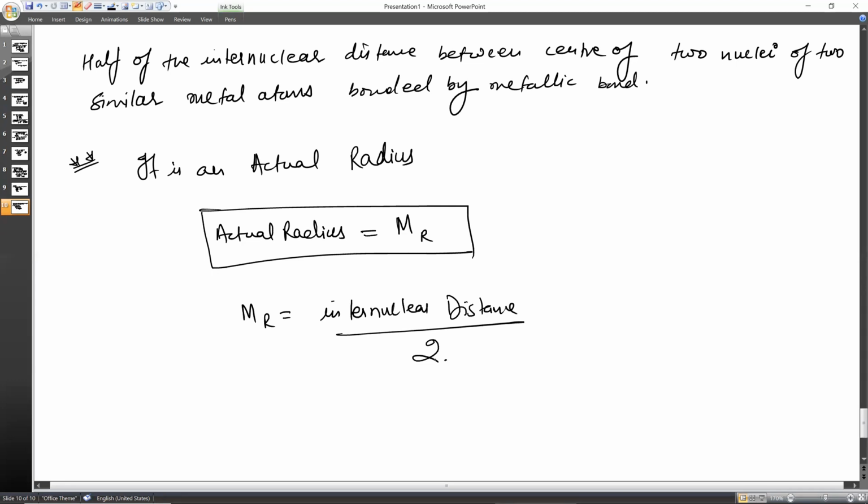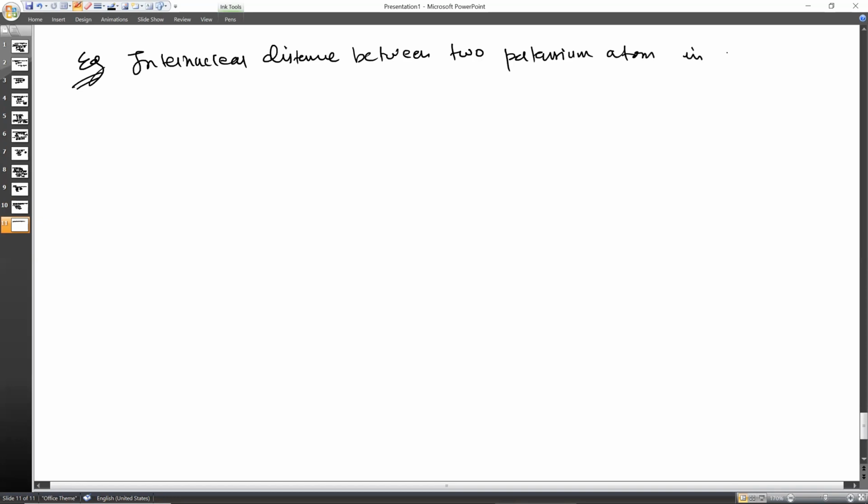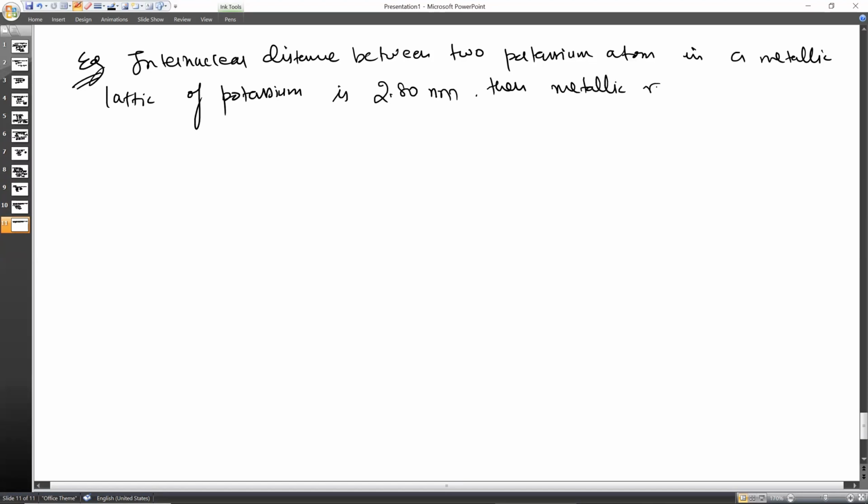For example, the internuclear distance between two potassium atoms in a metallic lattice of potassium, and the metallic radius.